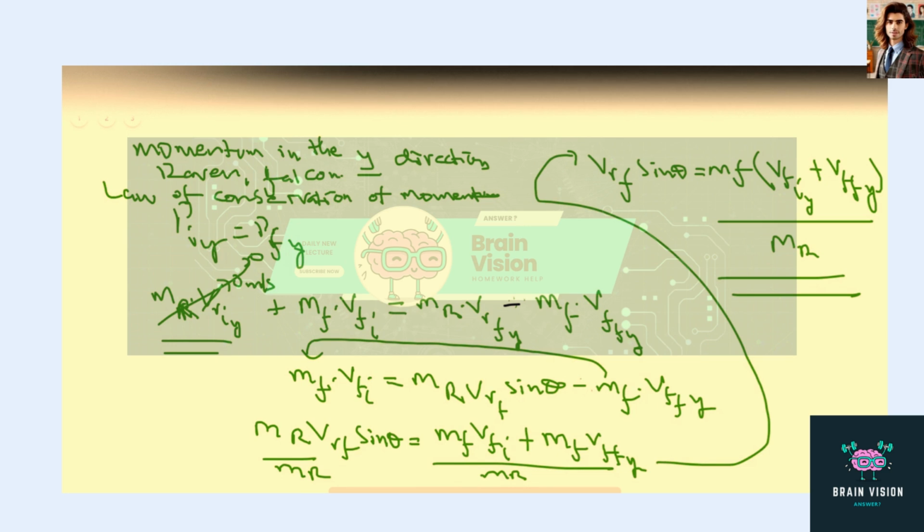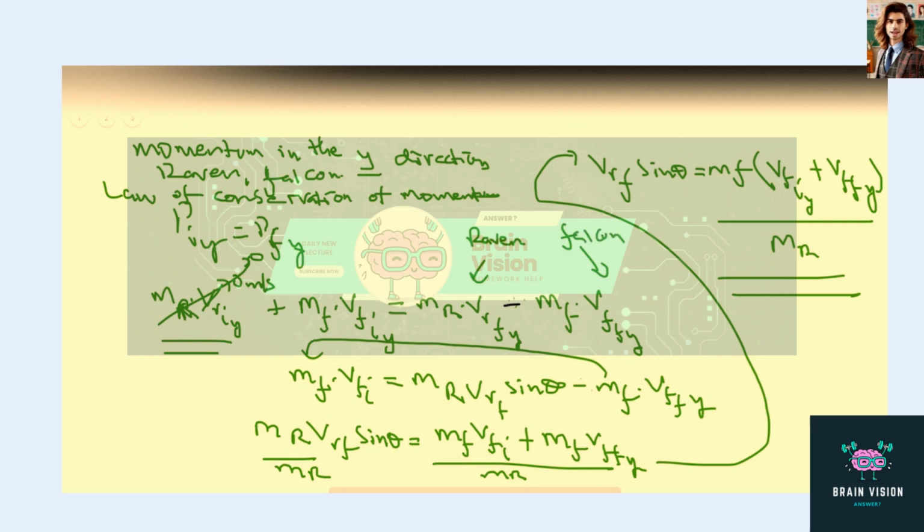For the falcon, we have an initial velocity in the y direction, so we add that subscript, and this is equal to the mass of the raven times the final velocity in the y direction for the raven minus the mass of the falcon times the final velocity of the falcon in the y direction. So this is the raven's final momentum in the y, and this is the falcon's final momentum in the y.